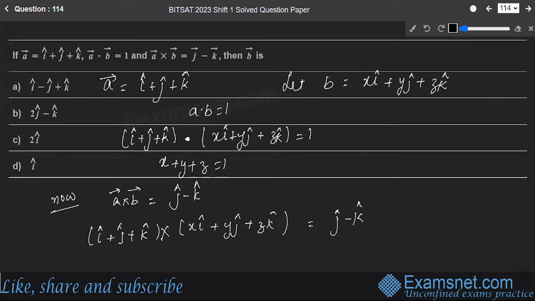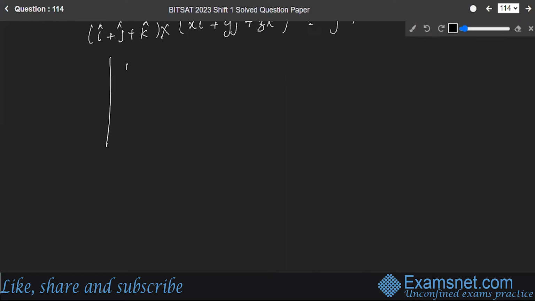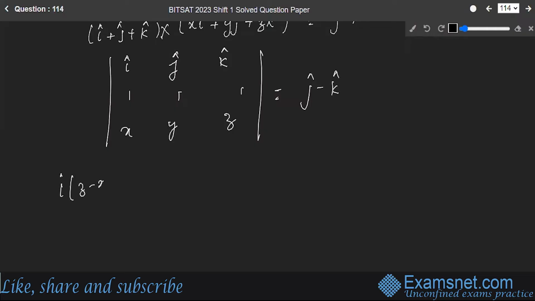So the cross product will give you i, j, and k; here is 1, 1, 1, x, y, and z. This is equal to j minus k. So for i, this is z minus y, minus j, this will be z minus x, and k, y minus x; equal to j minus k.